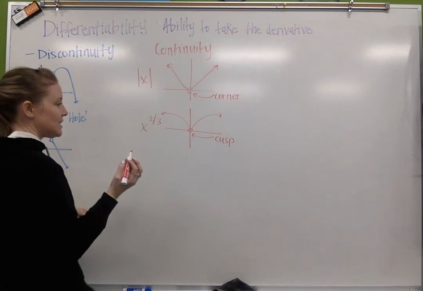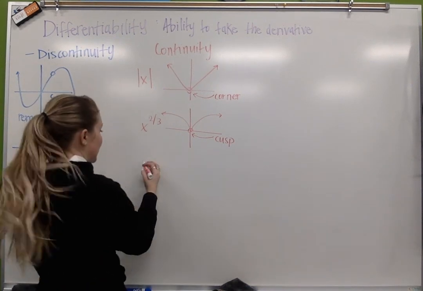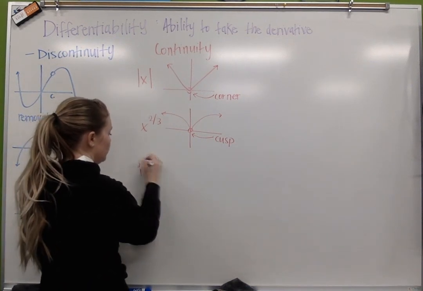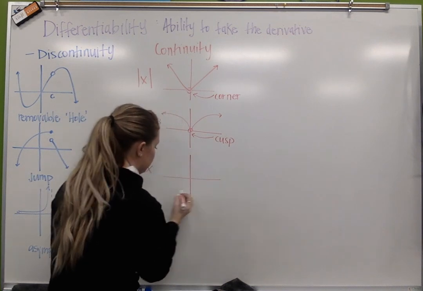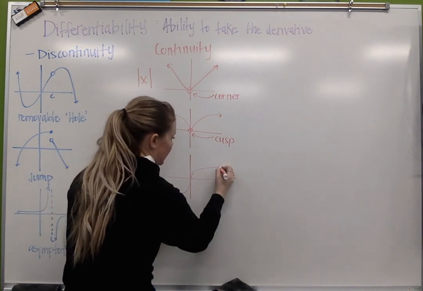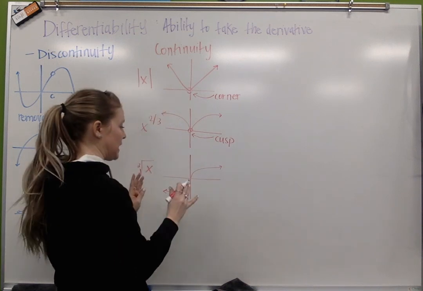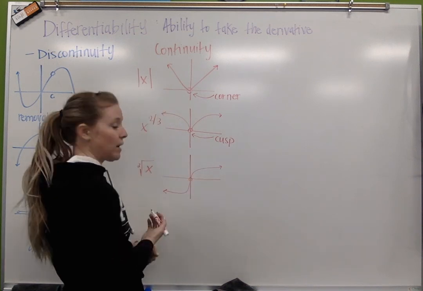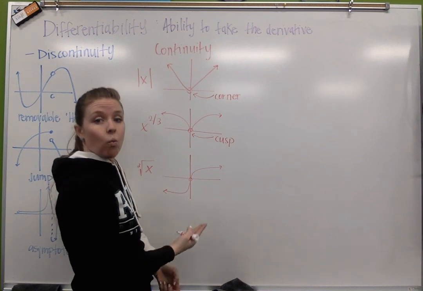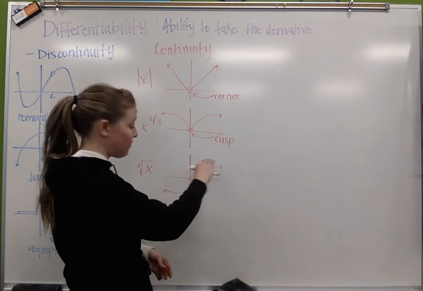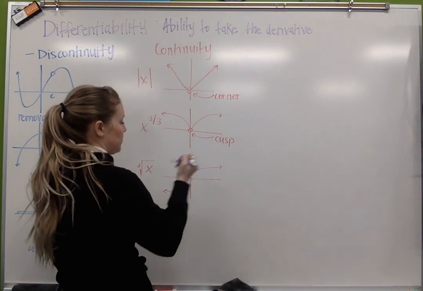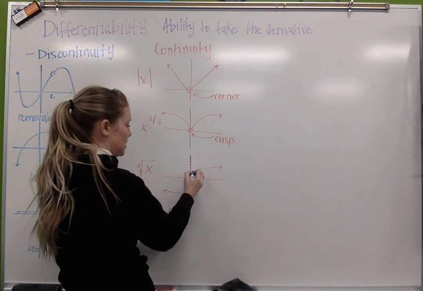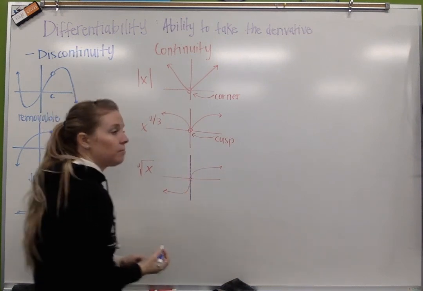And our last example I'm going to use is the cube root of x. And that graph looks something like this. Rough sketch, but we get the same idea. My issue comes in right here. What's happening with our graph is at this point, our tangent is vertical, okay?